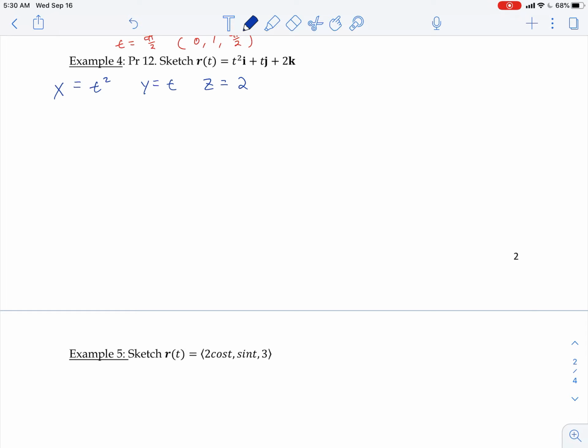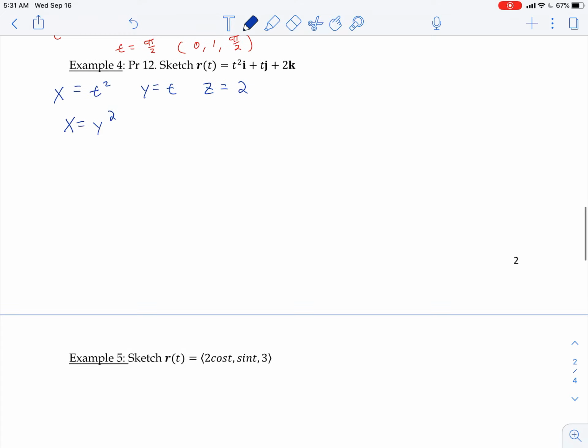What we want to do is see if there's a way I can solve for t to get a curve or a surface that I can work with. And there is. x equals t squared and y equals t, so x has to equal y squared, because y is equal to t. Now that I know x is equal to y squared, it helps me figure out what type of shape I have. x equals y squared is going to be a parabola.